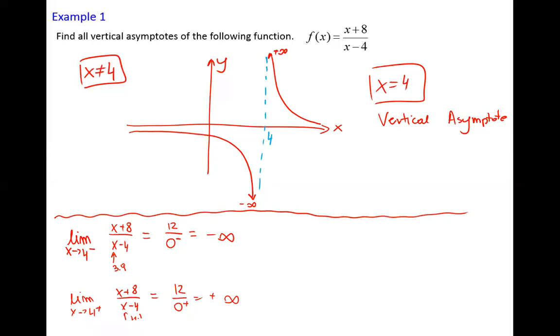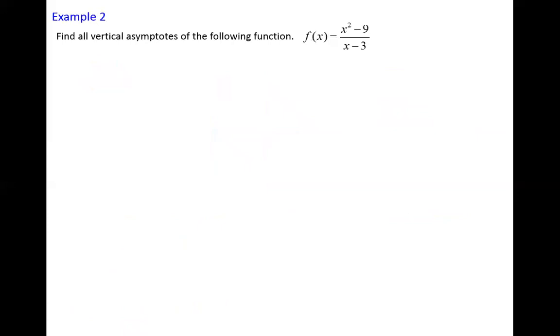In this case, okay, example number 2. Find all vertical asymptotes of the following function. Okay, we do have function x squared minus 9 over x minus 3. That means I can see right away that the value 3 is not in the domain of the function. But please do not assume that this is a vertical asymptote. We have to simplify a function, and quadratic expression, x squared minus 9, I can factor out as a x minus 3, x plus 3.